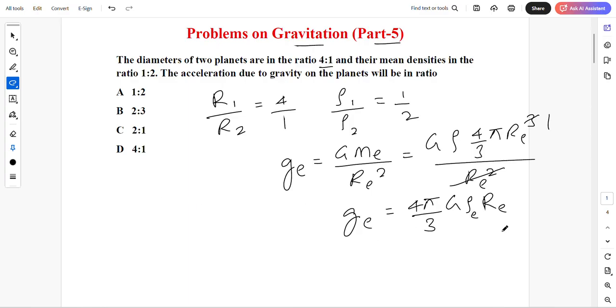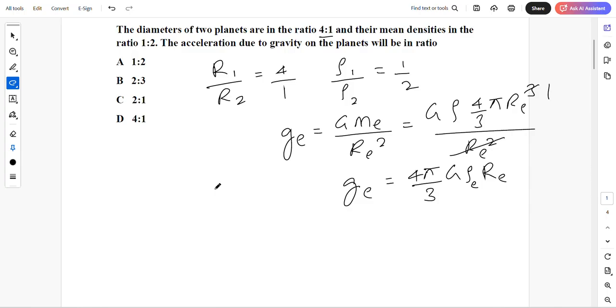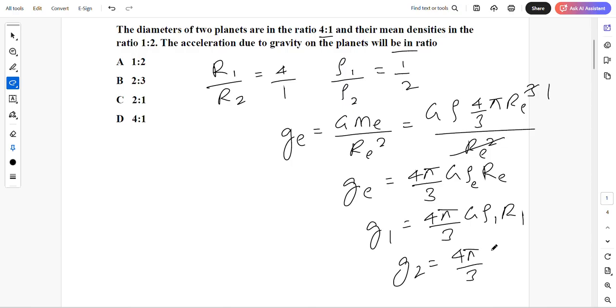Similarly, the acceleration due to gravity on the planets will be: G1 is equal to 4 pi by 3 G rho 1 R1, and similarly G2 will be 4 pi by 3 G rho 2 R2. Now let us calculate G1 by G2.